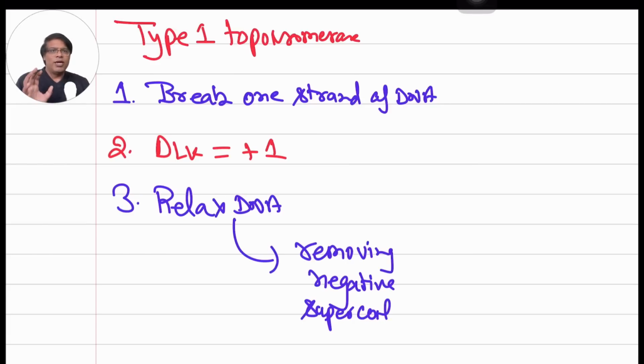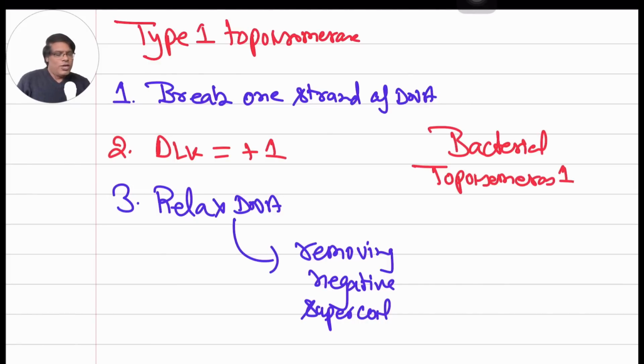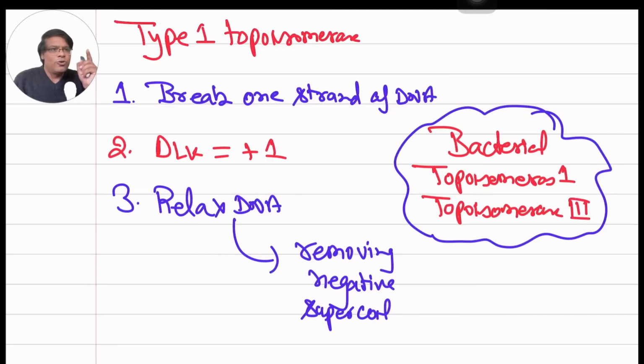So keep in mind, type 1 topoisomerases break one strand of DNA, change the linking number by 1 unit, and relax the DNA by removing the negative supercoil. Bacterial topoisomerase 1 and bacterial topoisomerase 3 are both examples of type 1 topoisomerase.